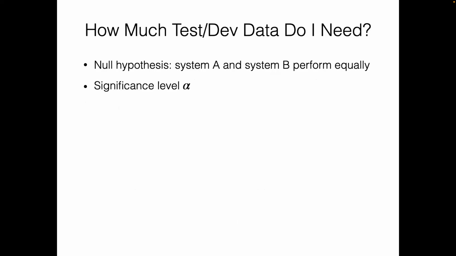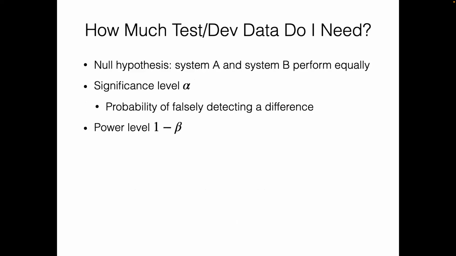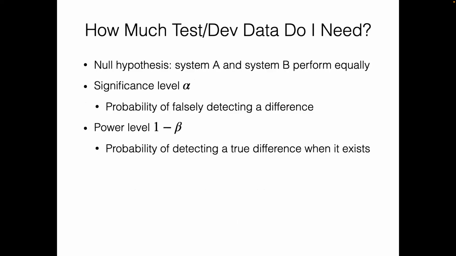So concretely, again, we could have this null hypothesis and some significance level, and then you can have what's called the power level. The significance level is the probability of falsely detecting a difference, so it's what we were talking about before. And the power level is the probability of detecting a true difference if it actually exists.